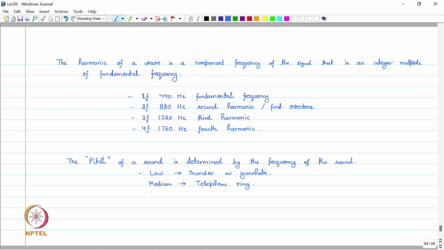And a high pitch sound is like small bells.